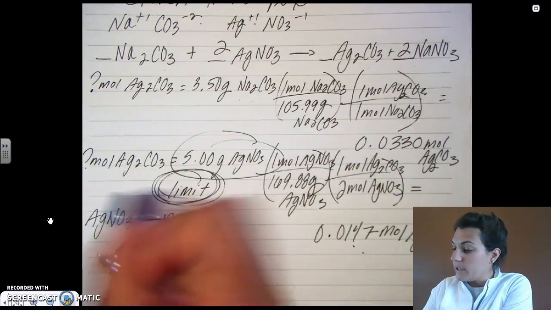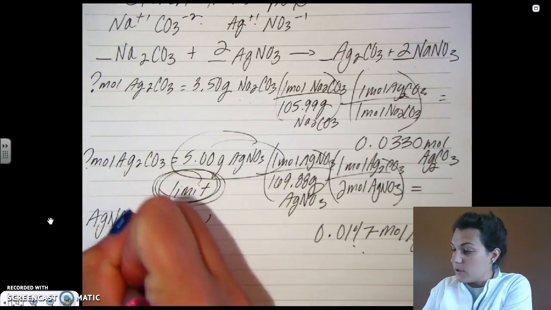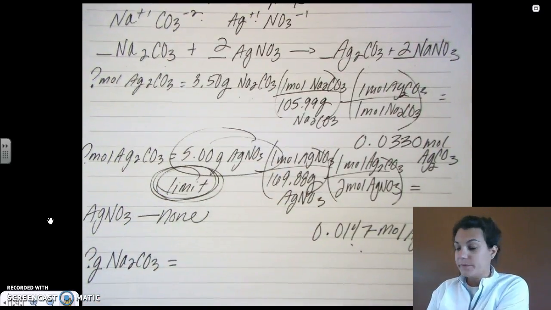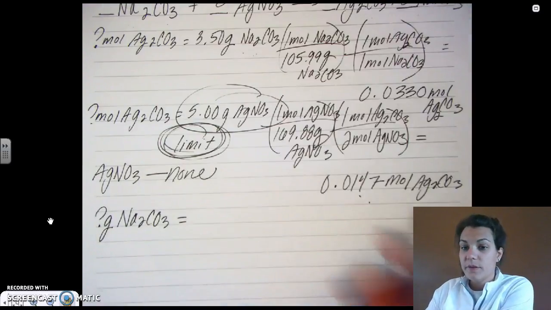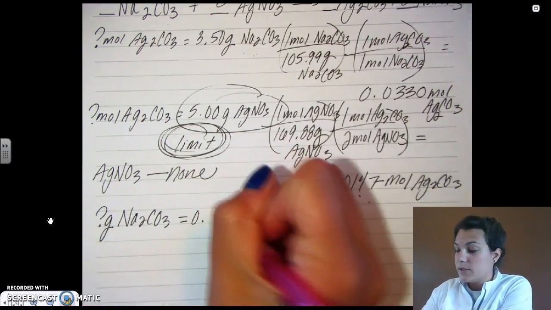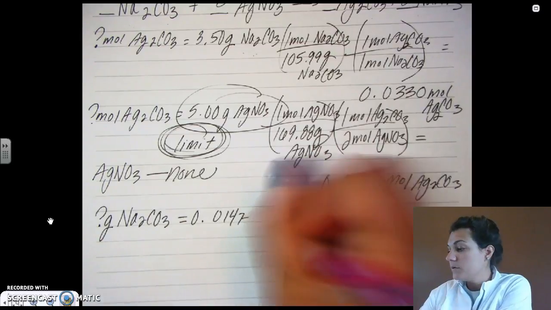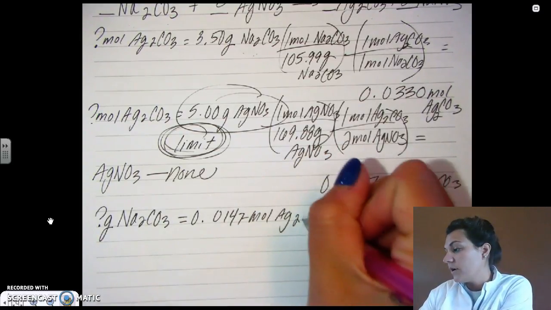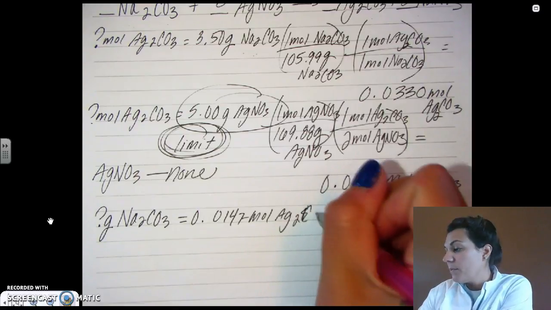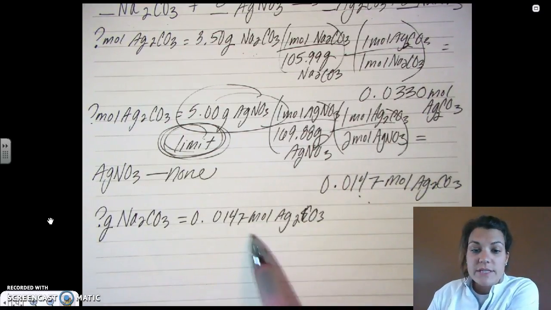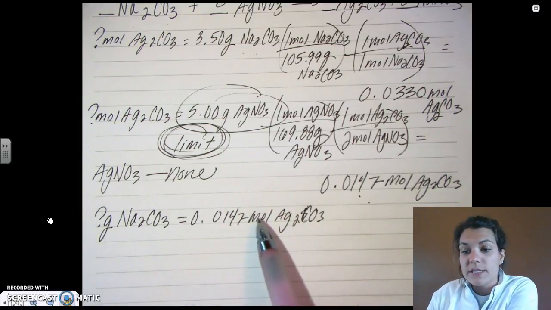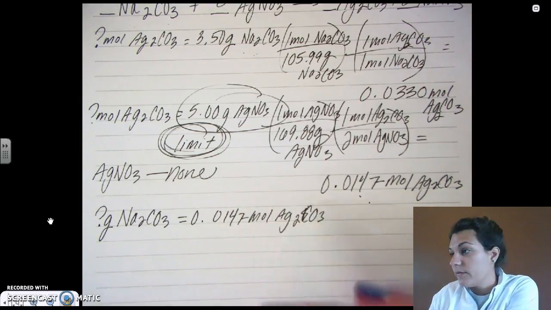I'm going to say question mark grams of sodium carbonate, and I'm going to set that equal to my 0.0147 moles of silver carbonate, I'm sorry. Now if you remember, you could either use this number or the 5, but since it's already in moles, I'm going to stay there just so I don't have to do an extra conversion.